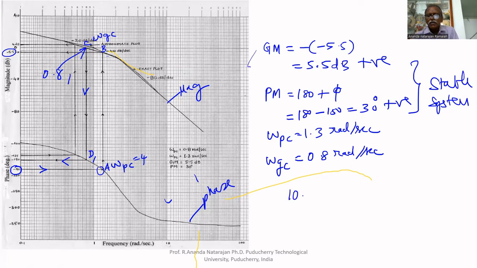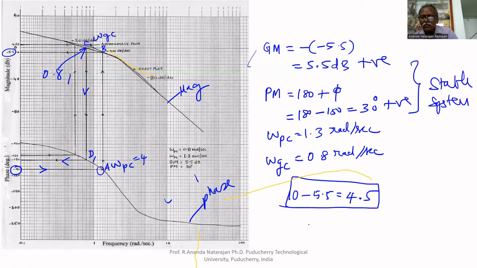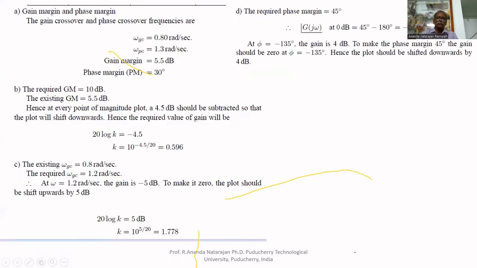But gain margin has to be increased by 4.5. If you want to increase the gain margin, we have to decrease the gain. Therefore, minus 4.5 is required. 20 log k equal to minus 4.5. So from that you can find k.